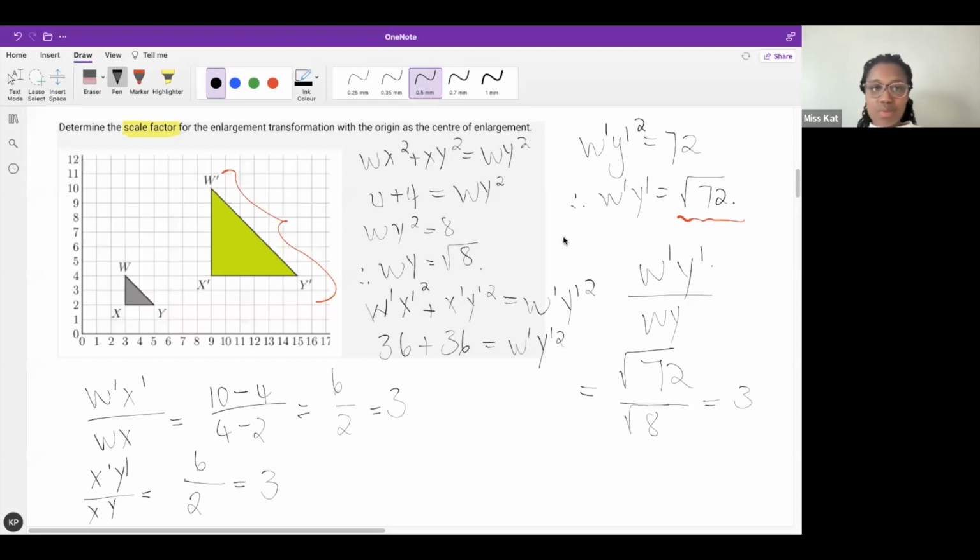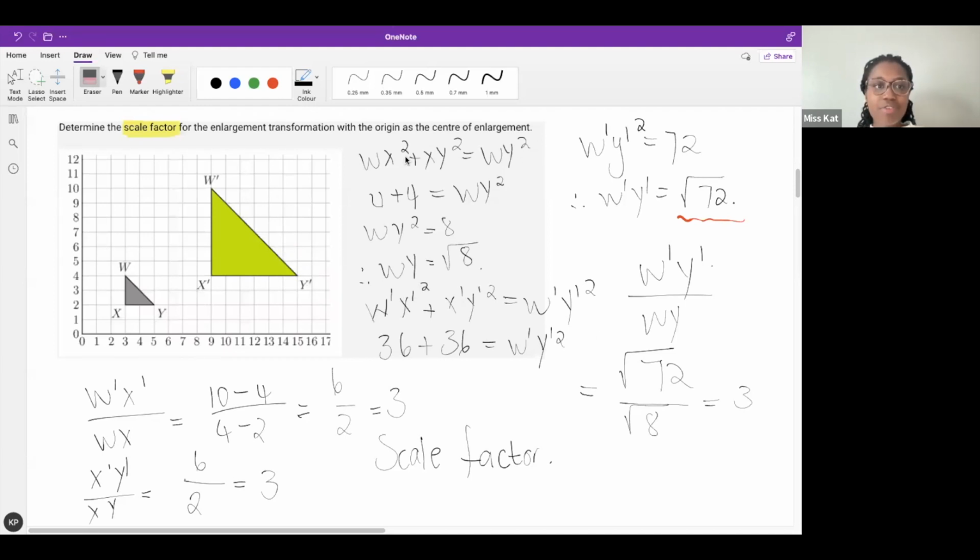Our scale factor is what? 3. Does that make sense? This shape has been enlarged, right? So we did expect a scale factor greater than 1. Do you see, guys? We did expect a scale factor greater than 1. So you guys need to check your answers.